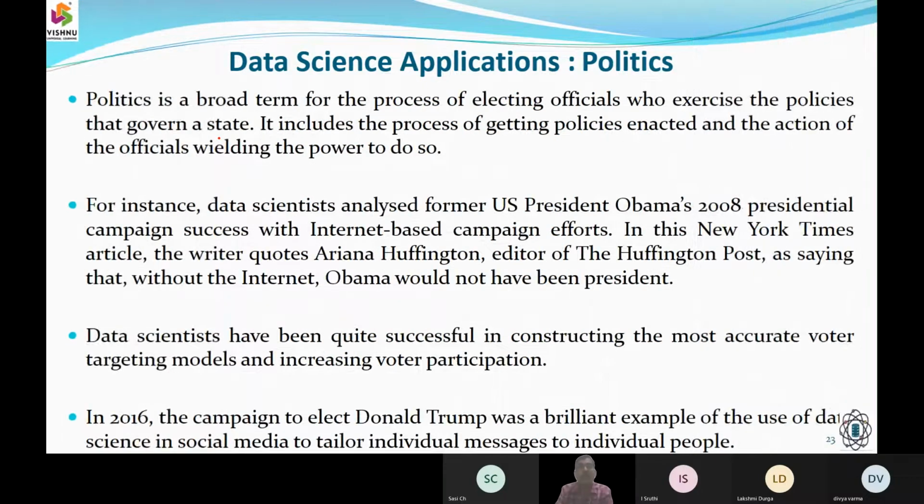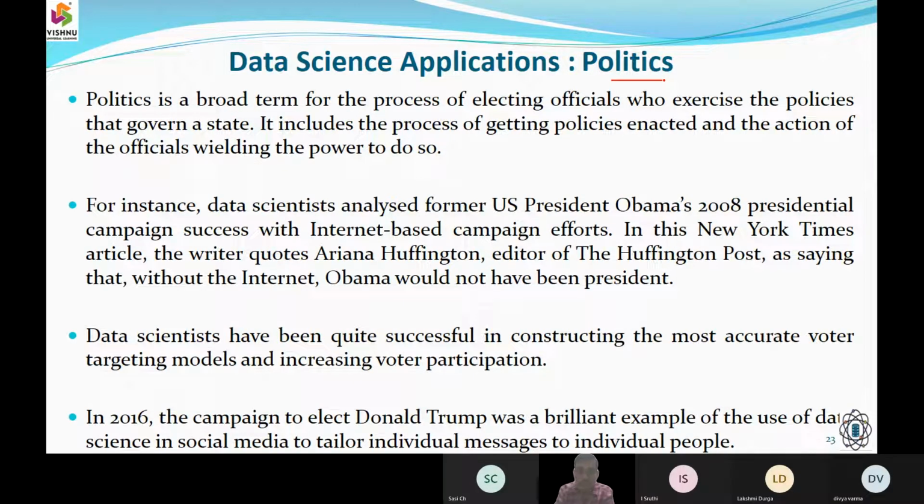The next one is a case study where data science was applied to politics. Ten years ago, Facebook was used to understand the presidential elections, whether Barack Obama will win or not.